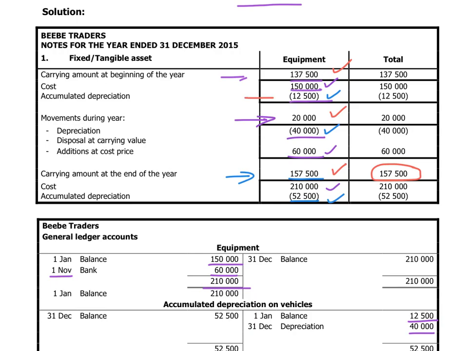Remember that accumulated depreciation must have a bracket around it because you deduct it from the cost price. It reduces your cost price, and depreciation written off in the current year must also have brackets around it because it reduces the value of our assets.